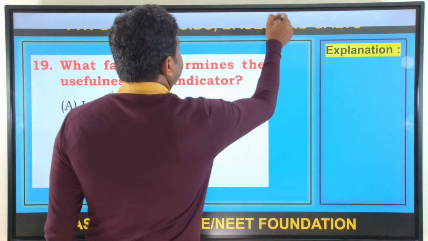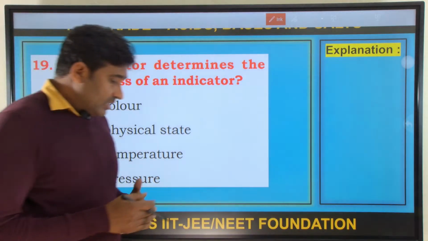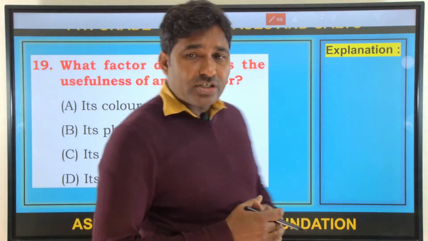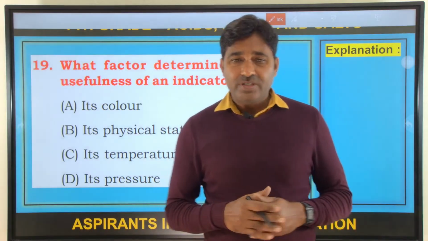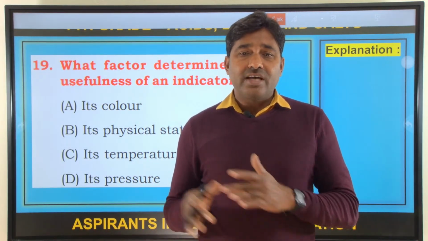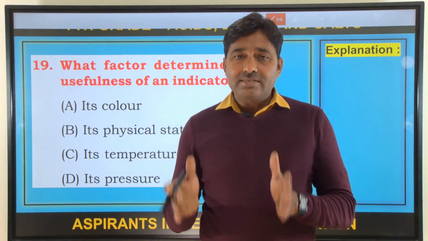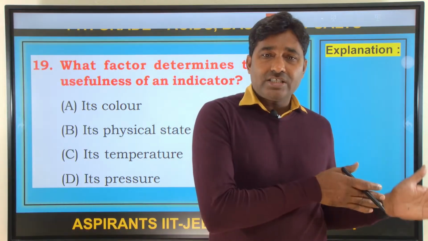19th question. What factor determines the usefulness of indicators? We already discussed that indicators are chemical components. They are natural and artificial, meaning synthetic. They change their color in acidic media and basic media.